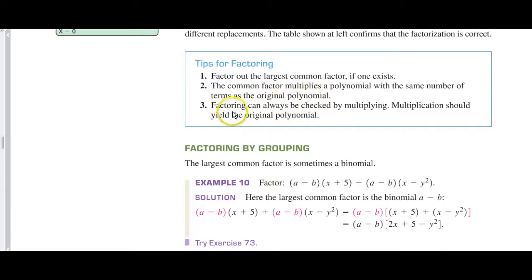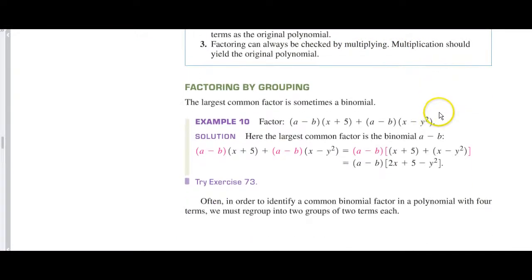Okay. And factoring can always be checked by multiplying. Multiplication should yield the original polynomial. Okay. All right. We're now going into another method of factoring, which is called factoring by grouping.